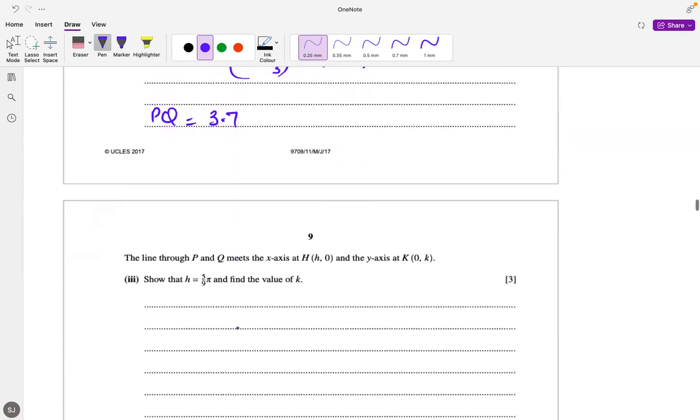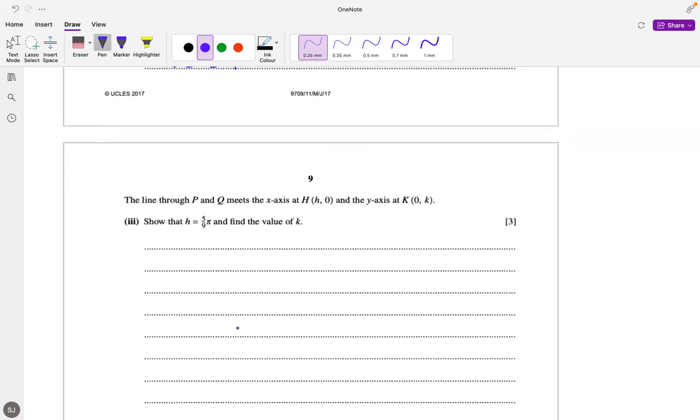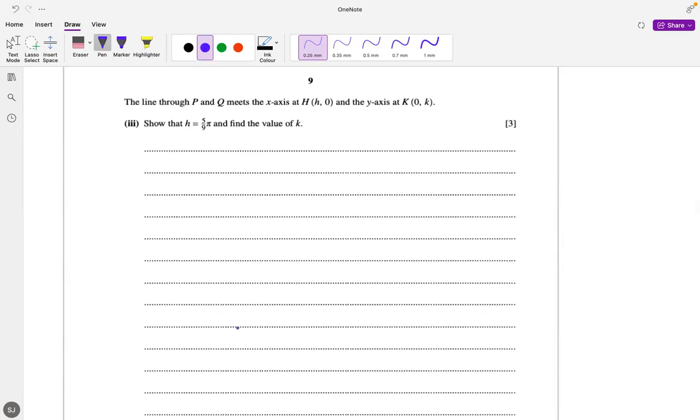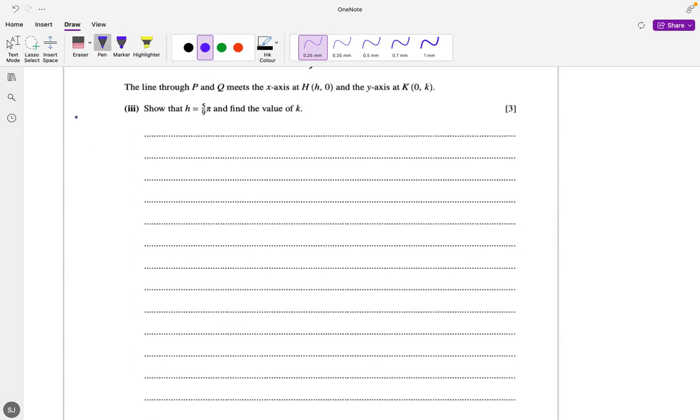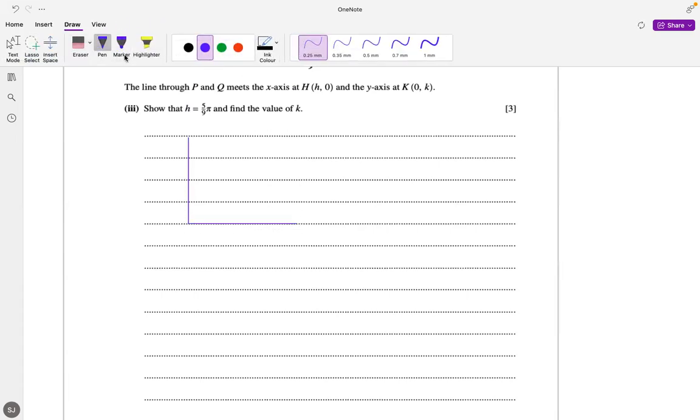Now it says in the next part that the line through P and Q meets the x-axis at H and the y-axis at K. We have to show that the value of h is 5 upon 9 pi, and we have to find the value of k. To attempt this question, first, let's understand what the question is asking.